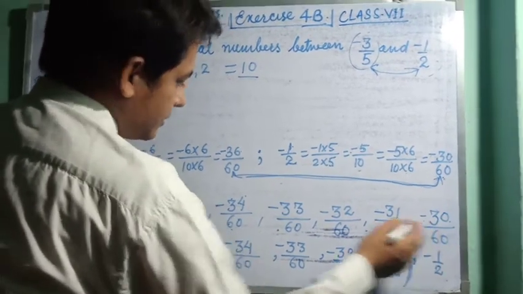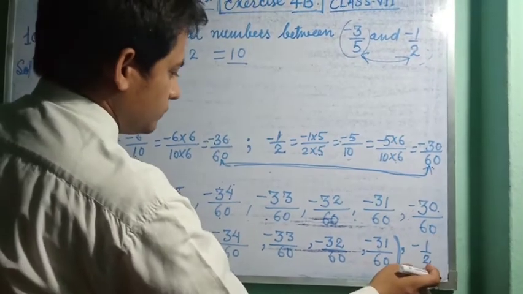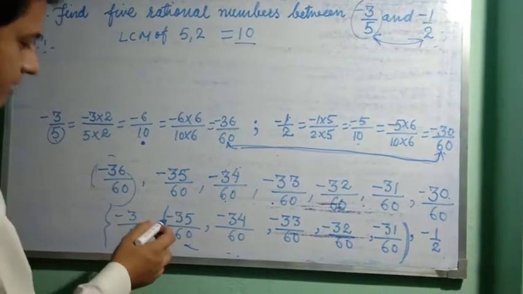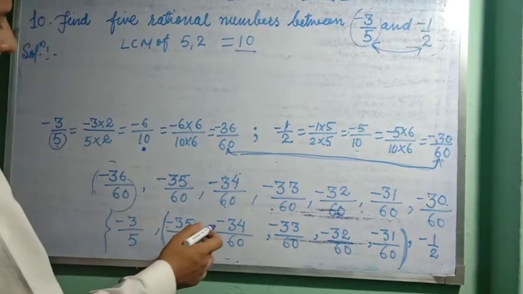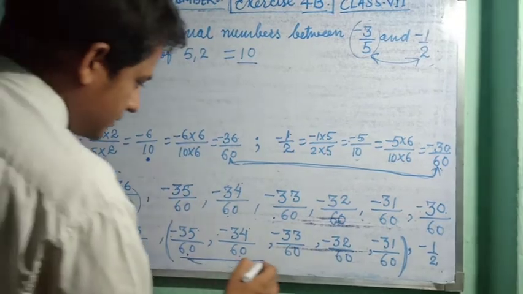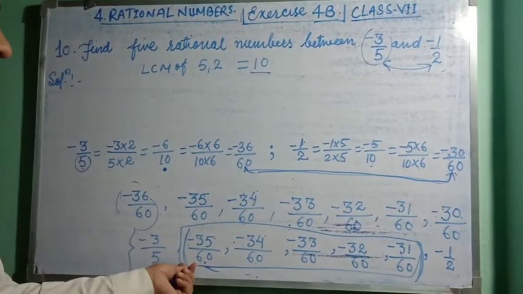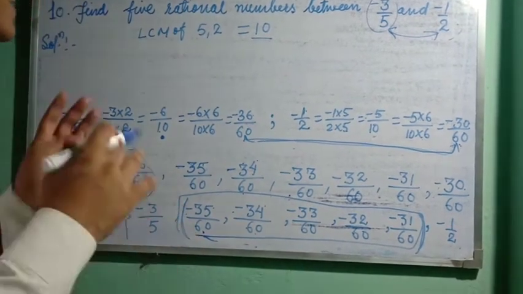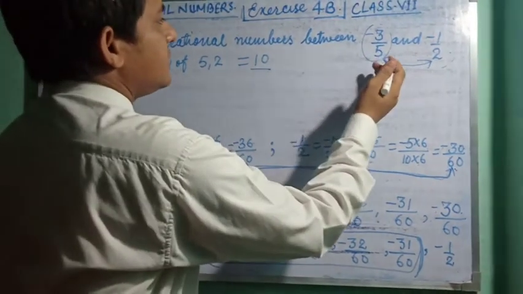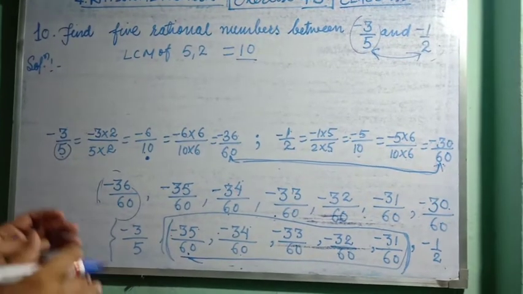That means between -3/5 and -1/2 there exist 5 rational numbers such as -35/60, -34/60, and so forth. So this is your answer, but this answer may or may not match, because there are infinite rational numbers between two rationals. I hope you get the point.